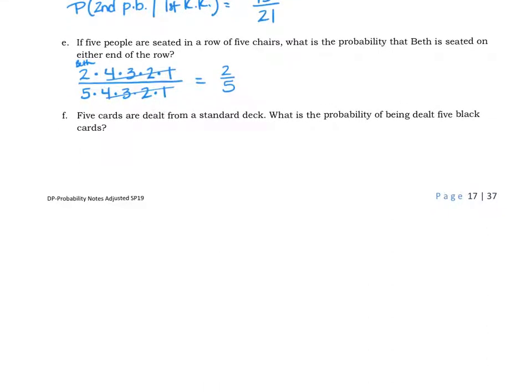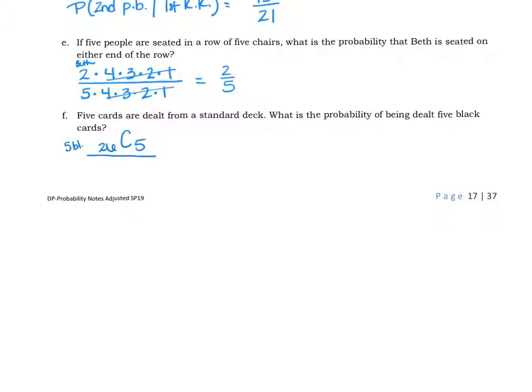Again, a fairly easy way to do that one quickly in your head. All right, and then the last one on this page, 5 cards are dealt from a standard deck. What is the probability of being dealt 5 black cards? So again, here, whenever you're looking at this problem, this is one with combinations. The order in which you're dealt the cards doesn't matter. So your numerator is going to be, I need those 5 black cards. Well, there are 26 black cards in a deck.